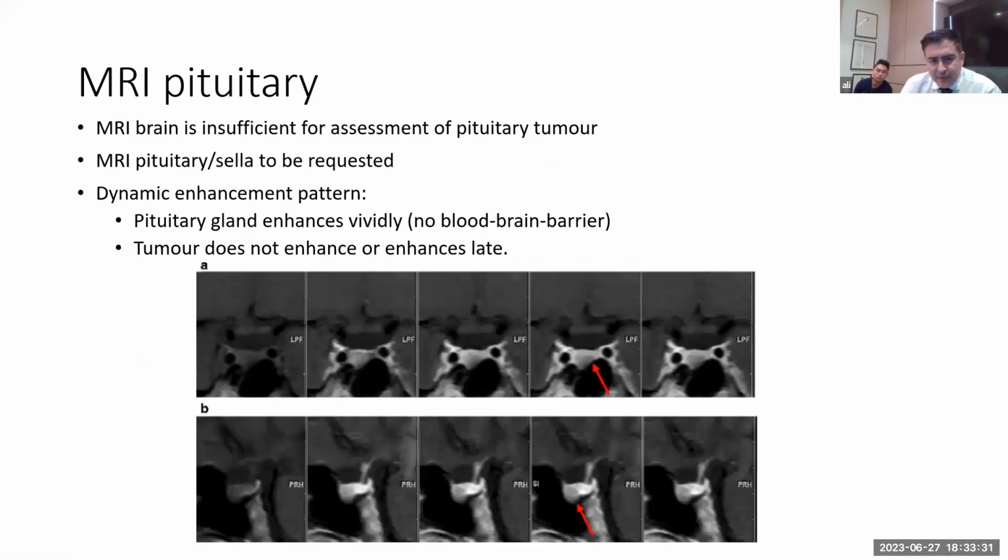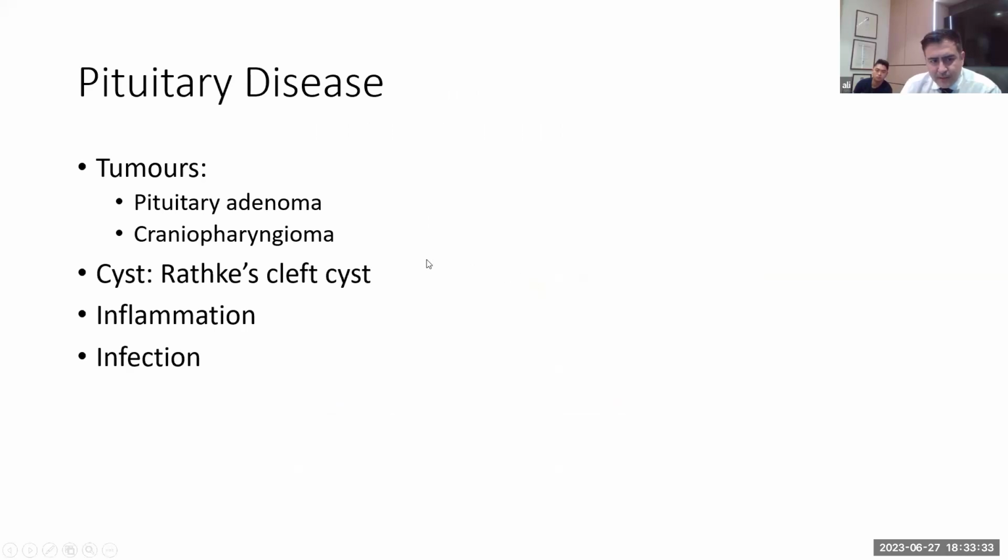I just want to talk about classification of pituitary conditions. These are the common conditions that affect pituitary glands. So we can have tumors arising in the pituitary gland, and there are generally two common types of tumors that occur in the pituitary gland: pituitary adenomas. Vastly the most common type of tumor that affects pituitary glands are adenomas.